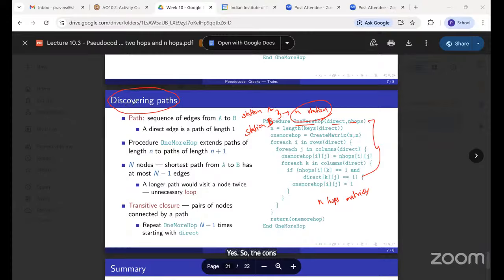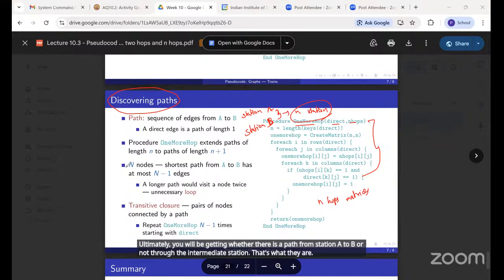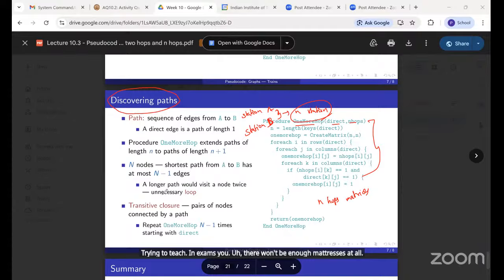The concept here is if you are finding n hops, ultimately you will get whether there is a path from station A to B or not through the intermediate stations. That's what they are trying to teach. Okay. In exams, there won't be n-hop matrices and all. Okay, let's go to the next one.